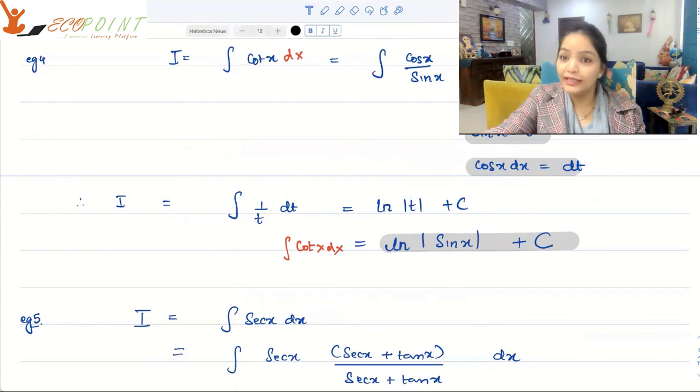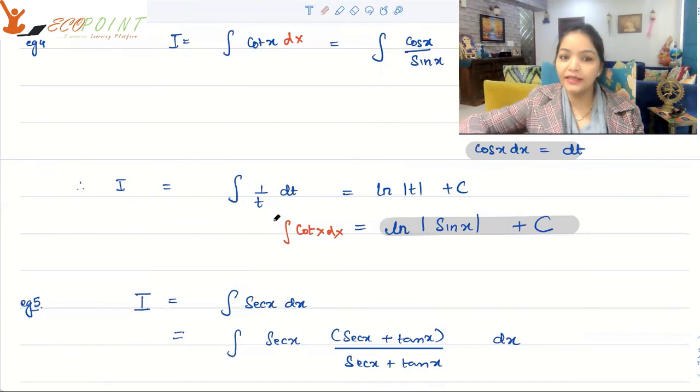Similarly, suppose the integral is integrating secant x dx. Again, it's a special case. With just secant, I will not be able to do anything.